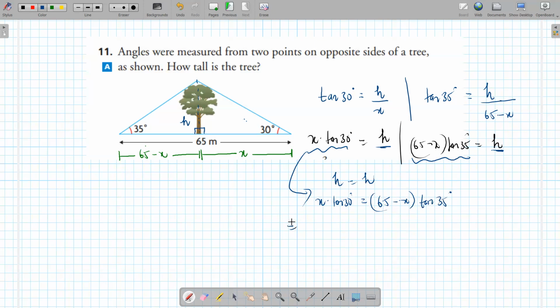So now we have a linear equation. How do we solve this for X? What will be the next step? It's a linear equation.